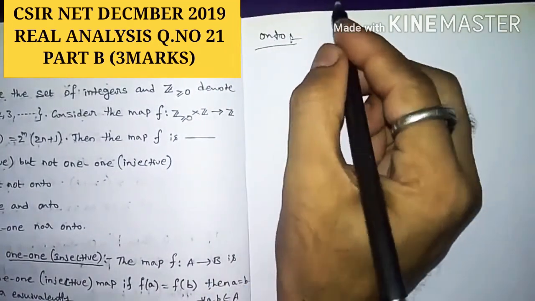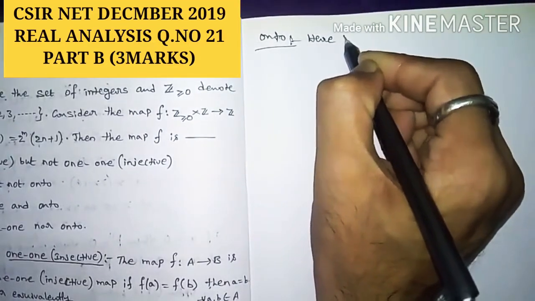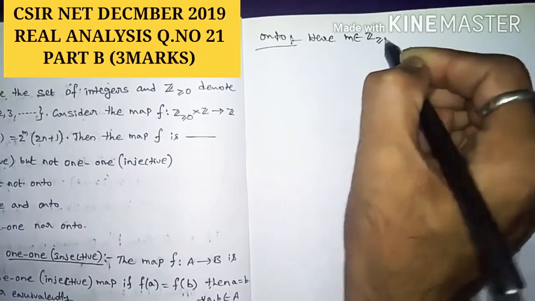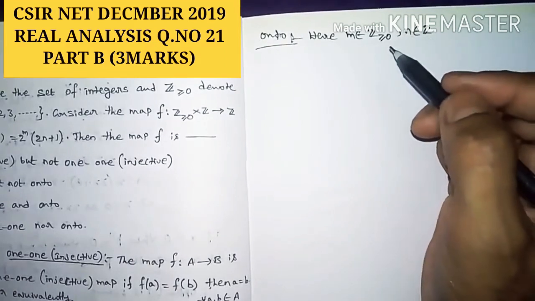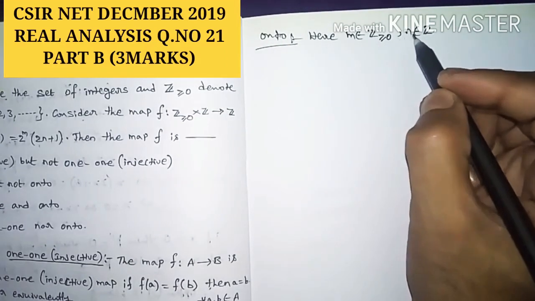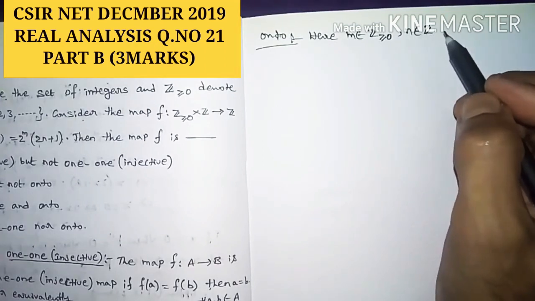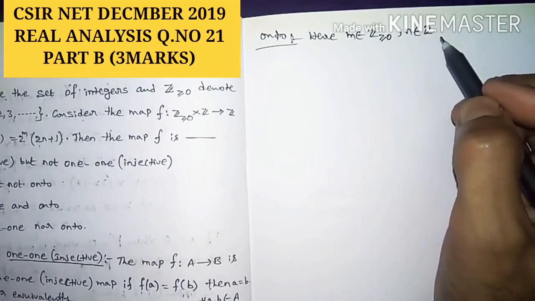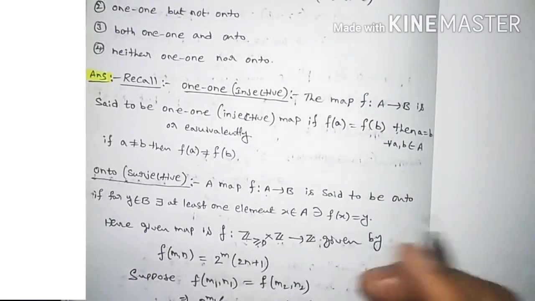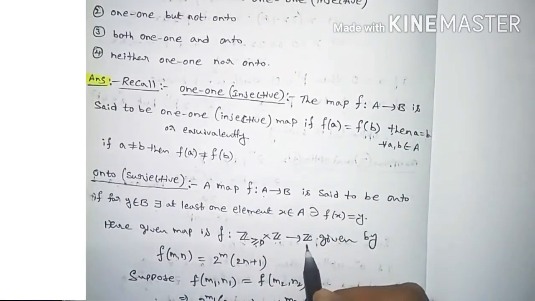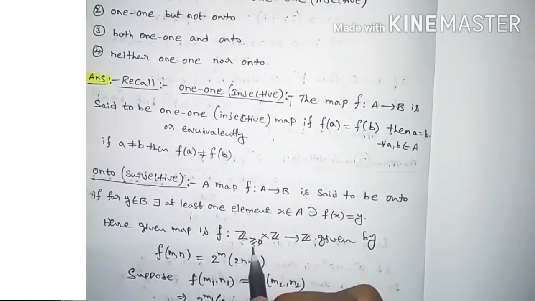For onto we have here the m value belongs to Z greater than or equal to 0 and the n value belongs to Z, because f is a mapping from Z greater than or equal to 0 cross Z to Z. Here the domain is Z greater than or equal to 0 cross Z, and the codomain is the integers Z. So onto mapping means for every element in the codomain, we have to find a preimage for every element.